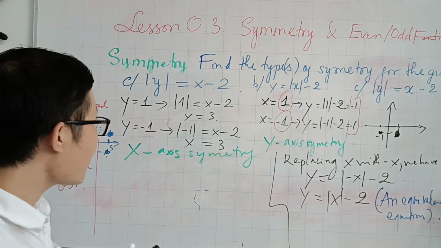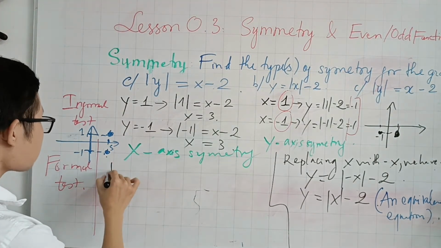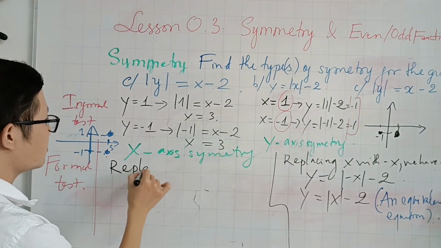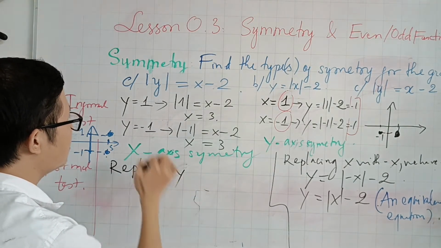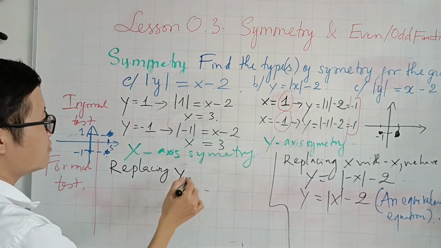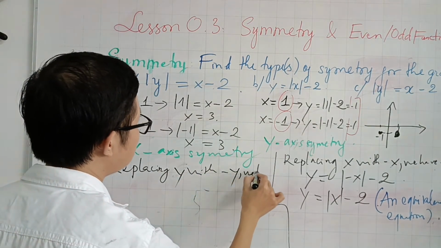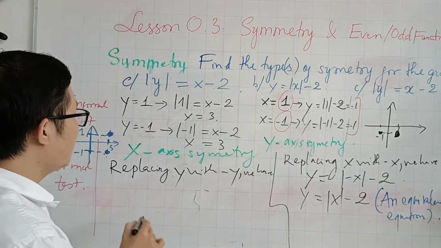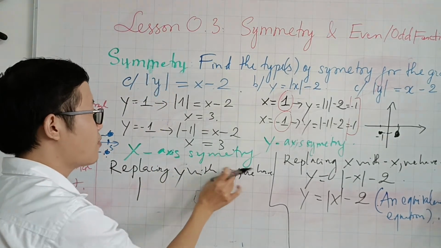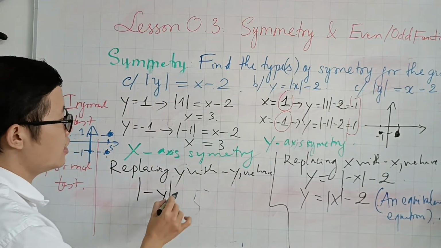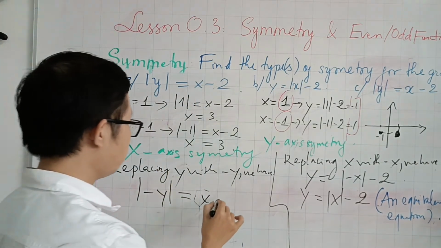That is the informal test, and when you use the formal test, you write replacing y with -y. We have y, and we replace it with -y, so it is absolute of -y equals x, which doesn't change, minus 2.